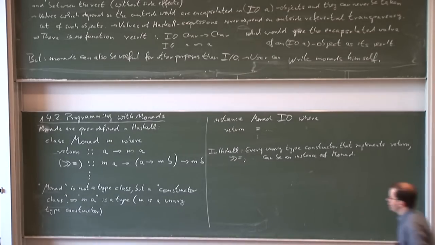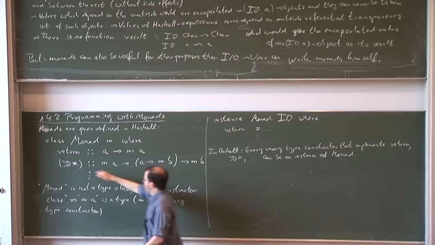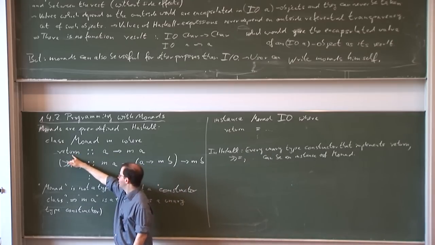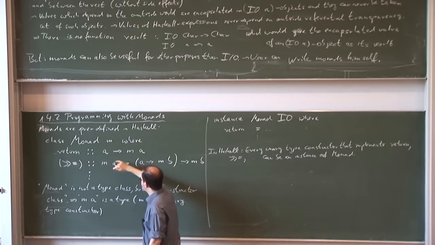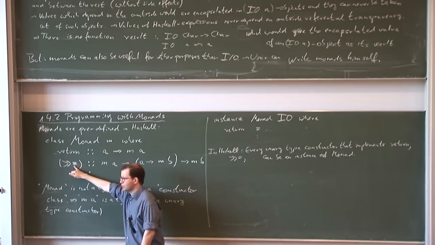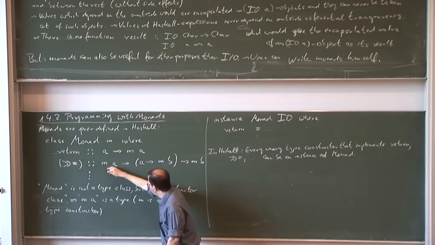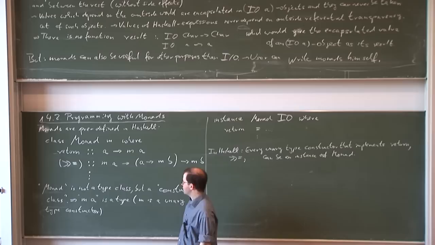You should make sure that return really is some kind of an empty statement. So return really should only take an object and encapsulate it in this monad. And bind should also not do something completely arbitrarily, but bind really should combine or compose two monad objects.